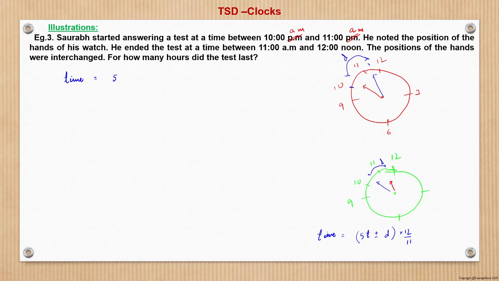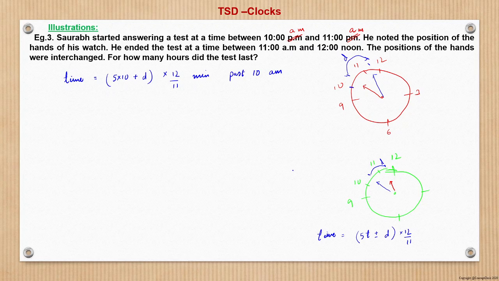So 5 into 10, and since the minute hand is ahead of the hour hand, it will be plus d into 12 by 11 minutes past 10 a.m. This is the time at which both hands of the clock will be d units apart, with the minute hand ahead of the hour hand.